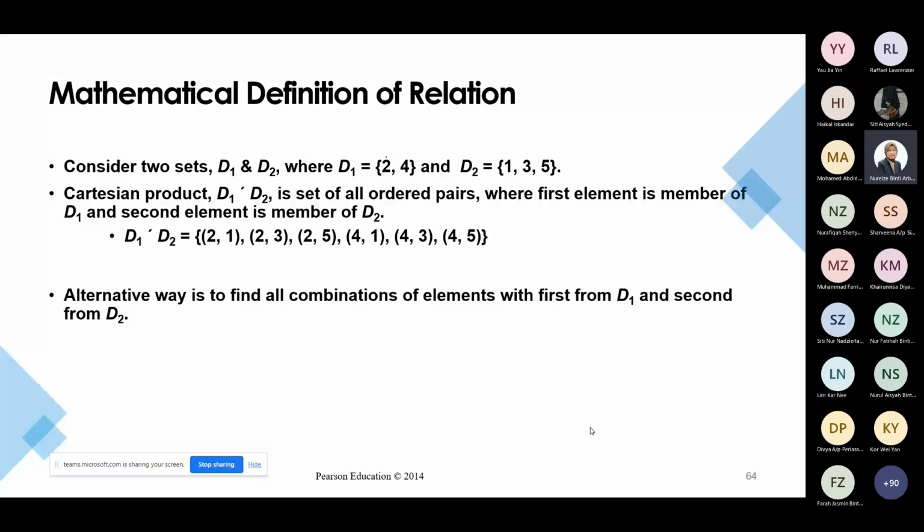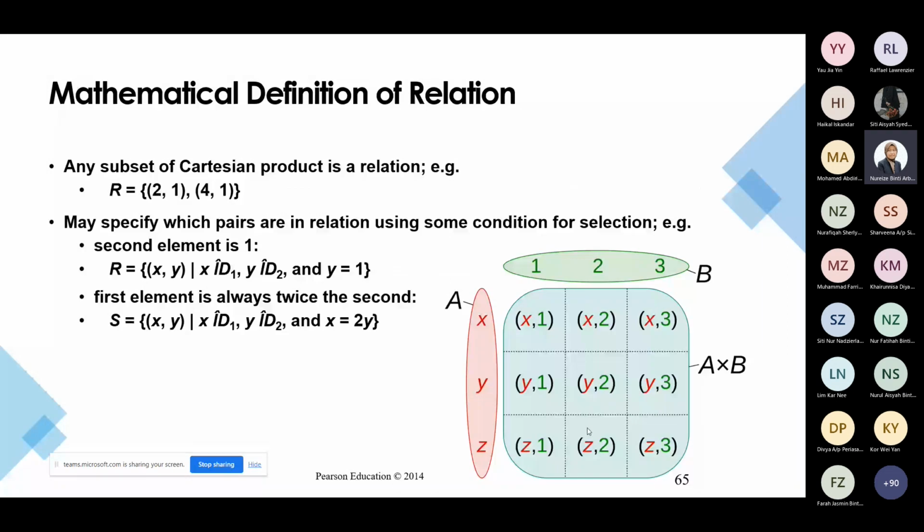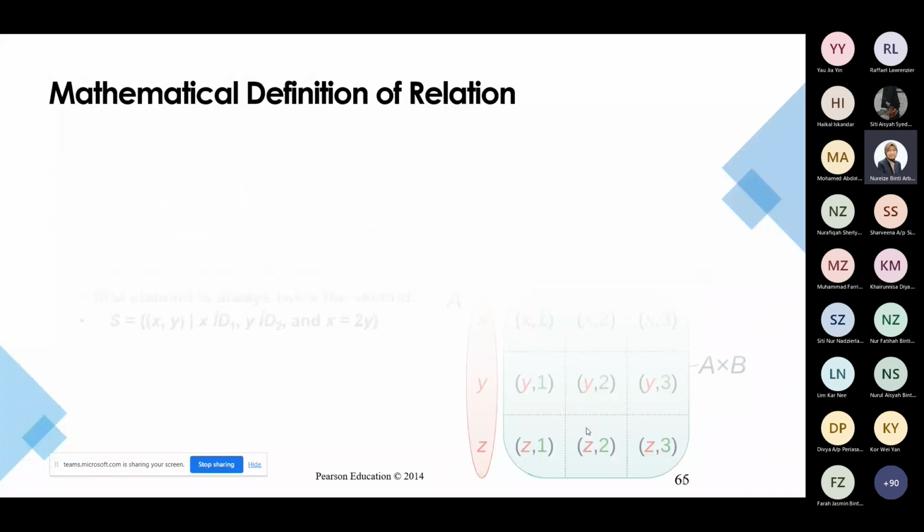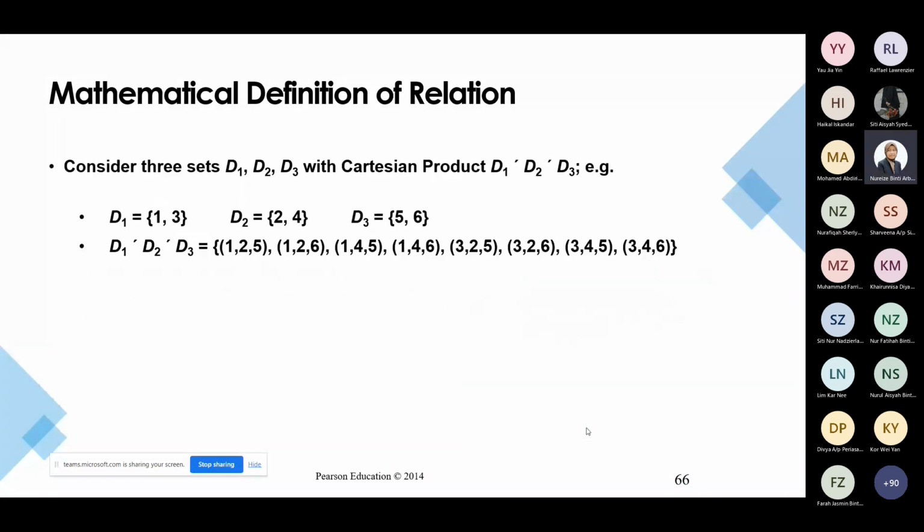So this is actually how they apply the Cartesian product in the relation, and all of this has something to do with when we are doing query and join later on. Okay, join the tables to find out the result required by the user.